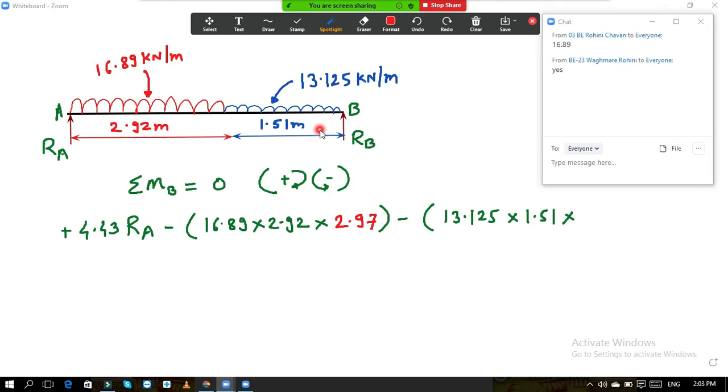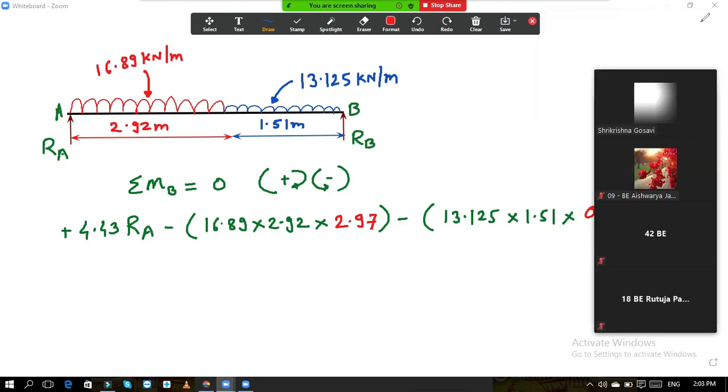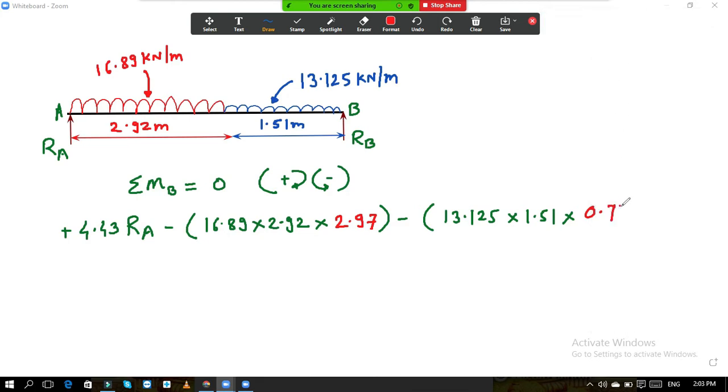How much is it approximately? I think 0.75. Okay, it is 0.75.